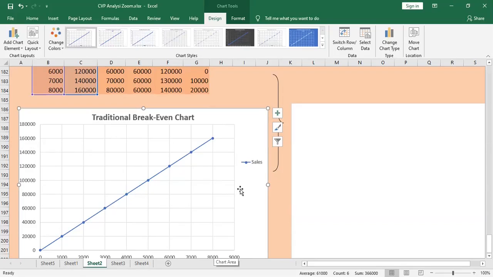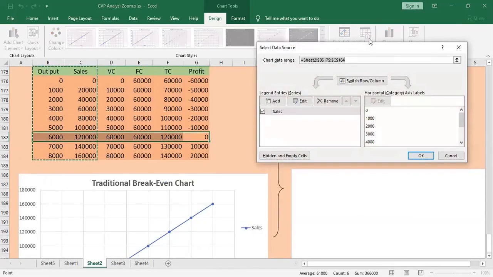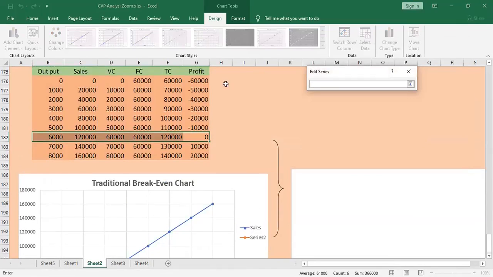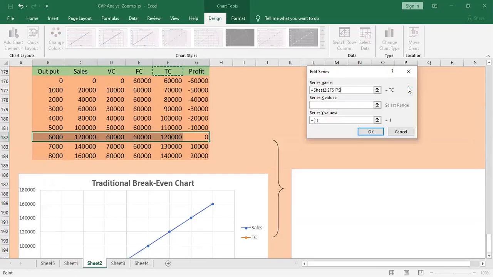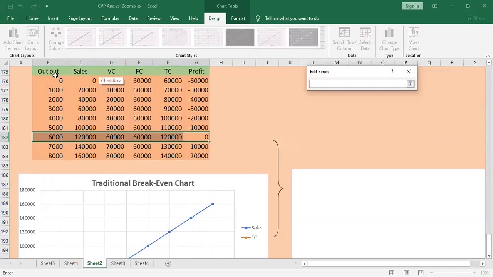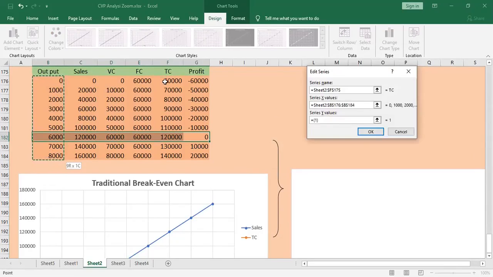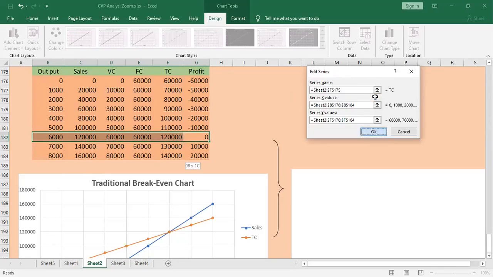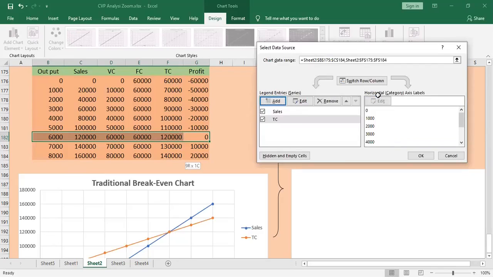So I'm going to plot the total cost curve in the same graph. Again, I am going to add the total cost curve, with output range on the X axis and total cost on the Y axis. All right. Again, I'm going to plot fixed cost in this particular graph.